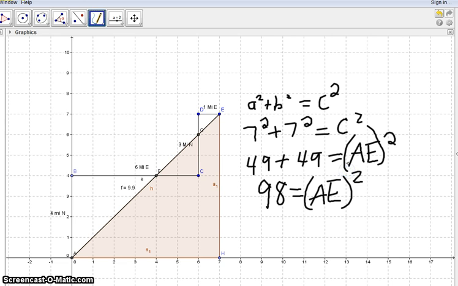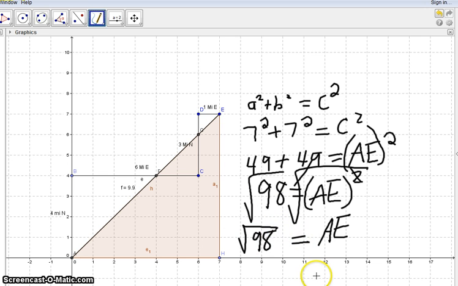Let's put parentheses around A and E. So taking the square root of 98 and the square root of the distance from A to E squared, I have AE equals square root of 98. There's my exact value. And I have AE is approximately equal to 9.9. That's the decimal approximation your calculator will give you when you press the buttons square root 98.